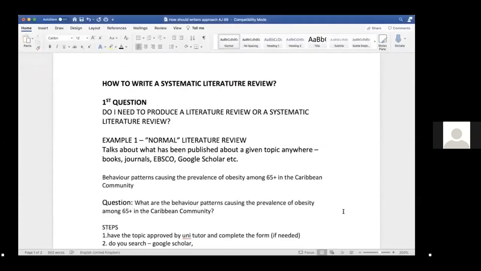So, first of all, you have the topic approved by a university tutor and complete the form if needed. If not, you get on with it and do your search.